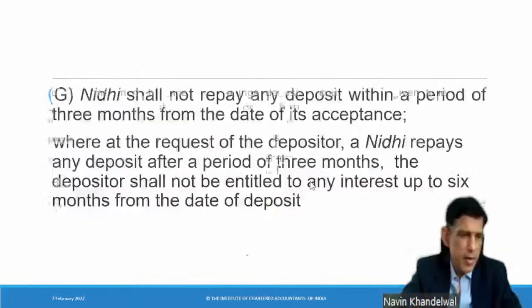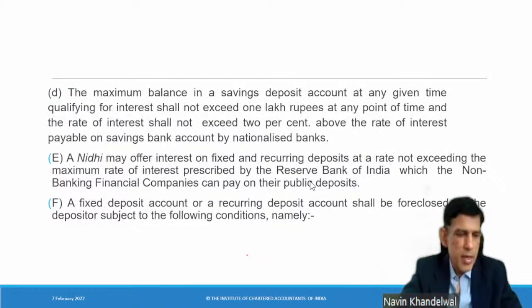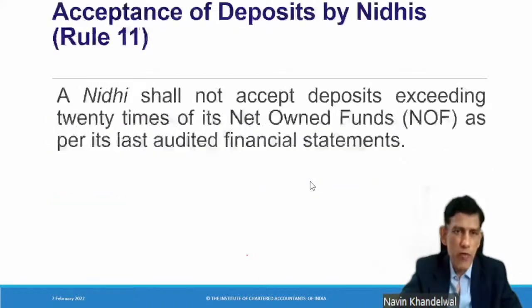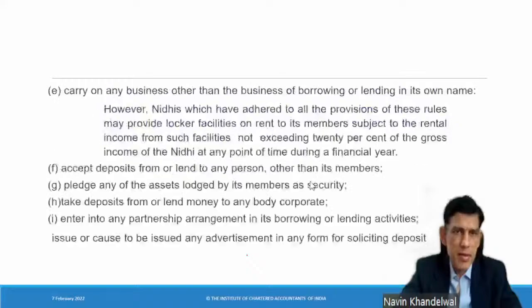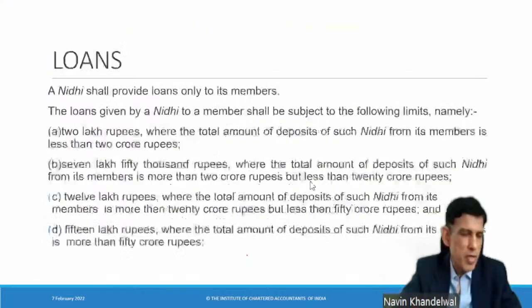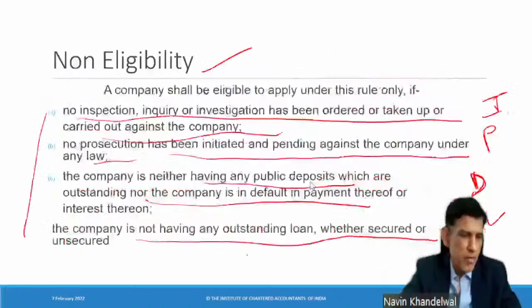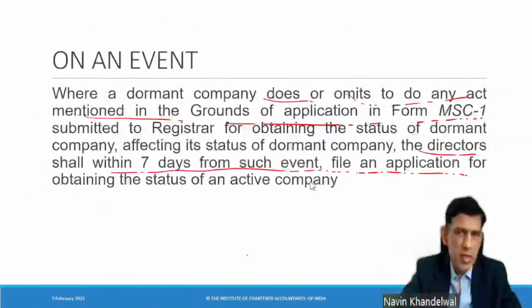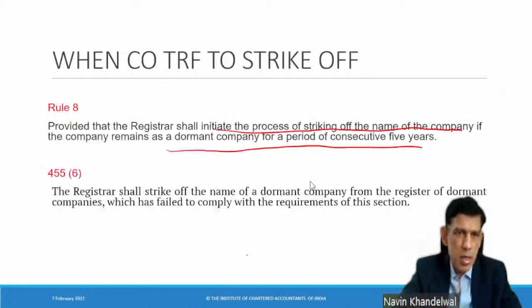So the question by Divya is: in section 445(6), will striking off from the register of dormant companies be considered as striking off from the register of companies?